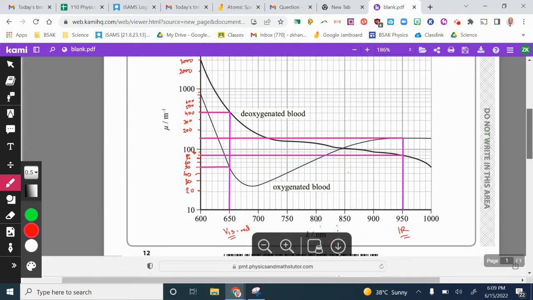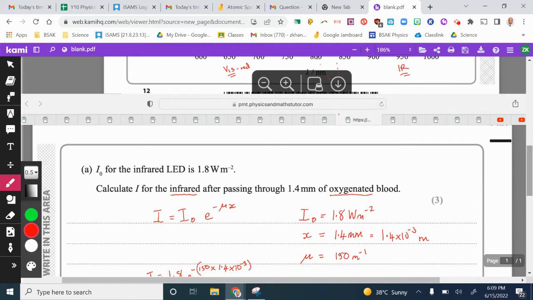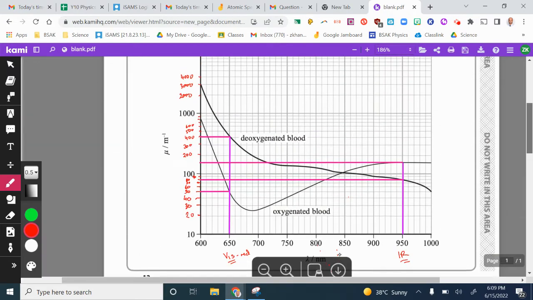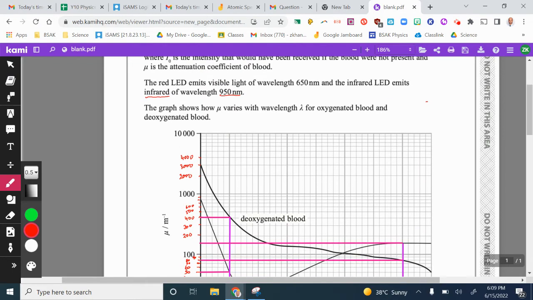Okay, so the question is, we know the initial intensity, which is 1.8, and we want to work out the intensity when infrared passes through 1.4 millimeters of oxygenated blood. We've got the expression from the beginning of the question that links intensity with all three variables.